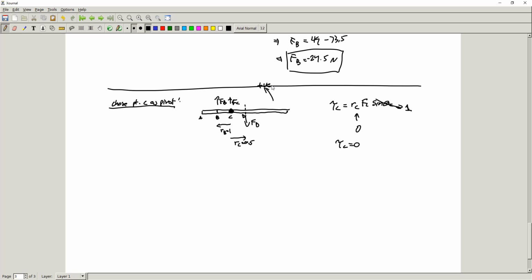FB in the first part, where we assumed our pivot point was A, ended up operating in the positive direction. But now FB operates in this direction, going around that way. So FB is going to be negative.